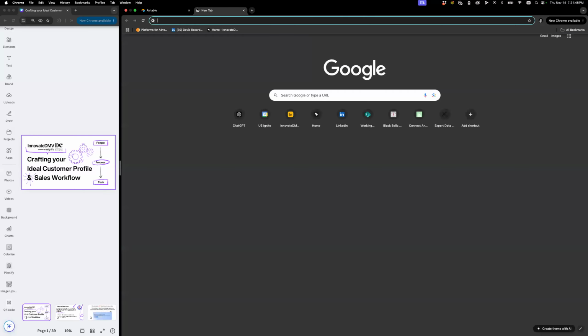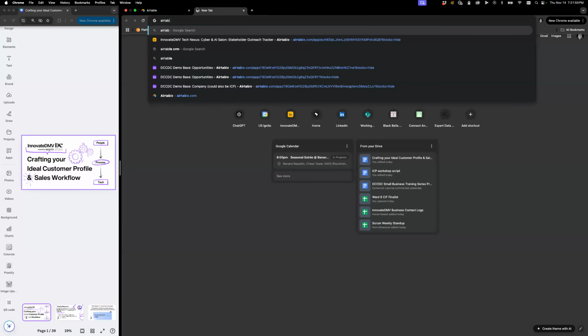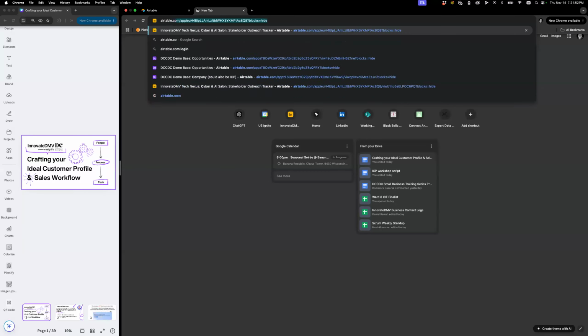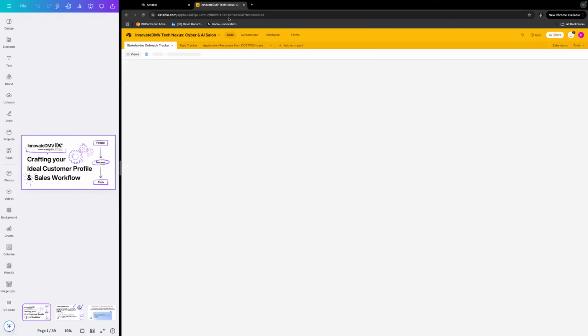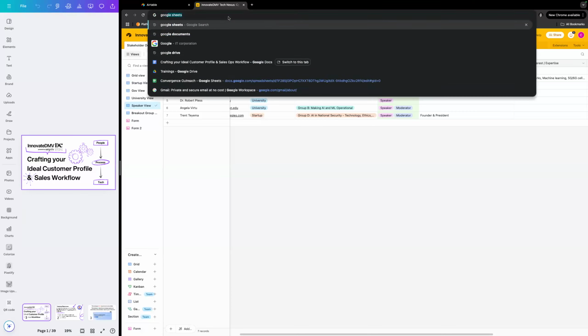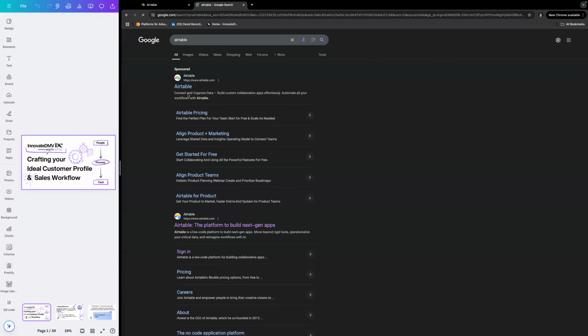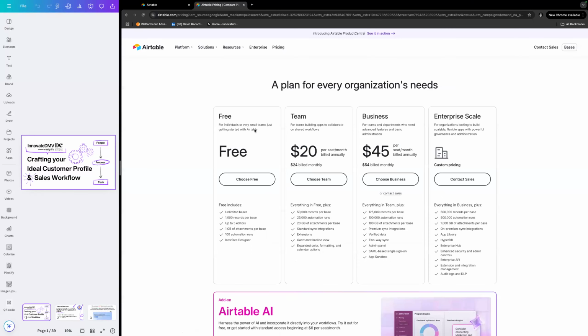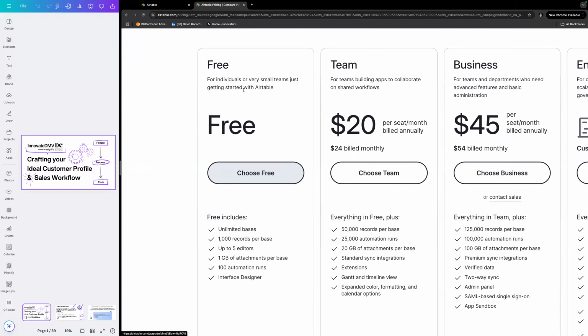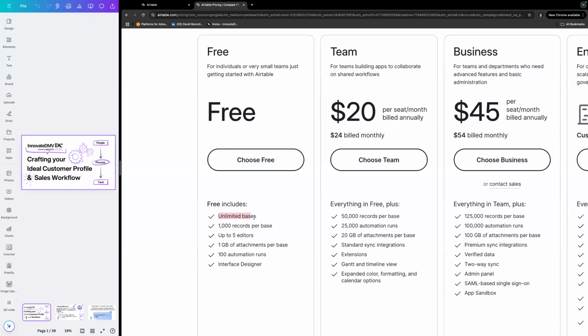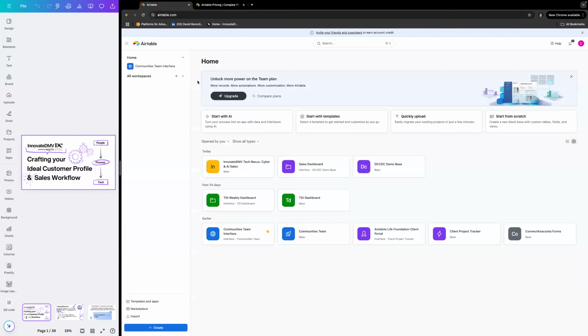So let's do this. You can even have this Airtable that I built. Let's go to Google. So yeah, this is what it looks like. It's airtable.com. Here, just to prove it to you, free. It's free for individuals or very small teams that are just getting started. You get unlimited bases, so you can build unlimited of these.